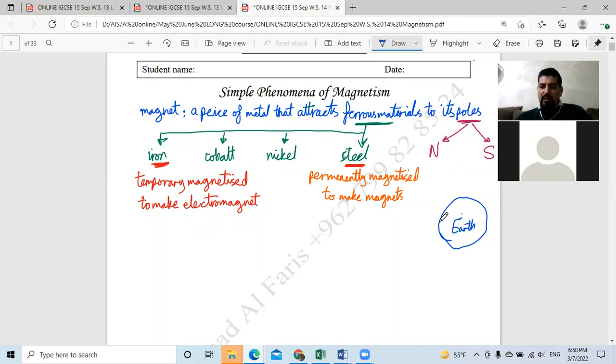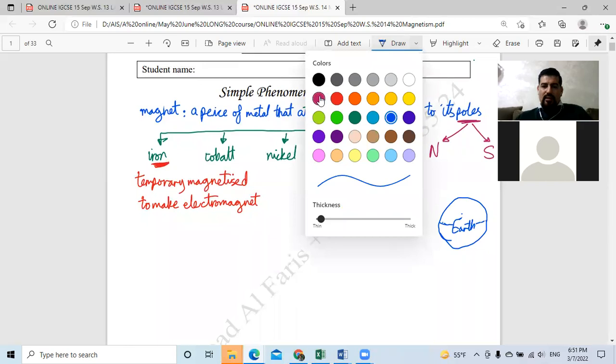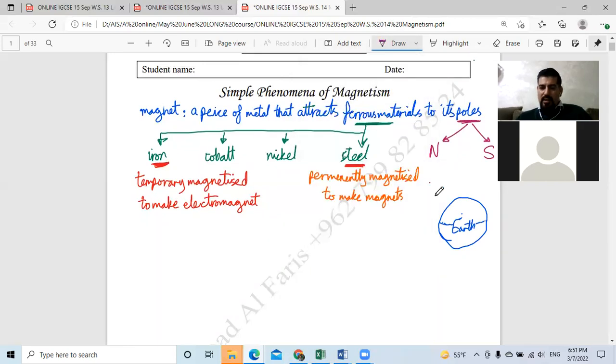And if we hang a magnet freely close to one side of the Earth, we can see that this magnet will attract to the north of the Earth or the south of the Earth.